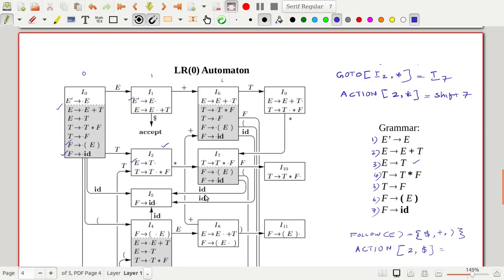Okay, E gives T, so reduce by production 3. Or we can simply write R3.